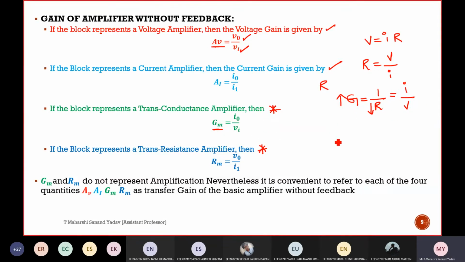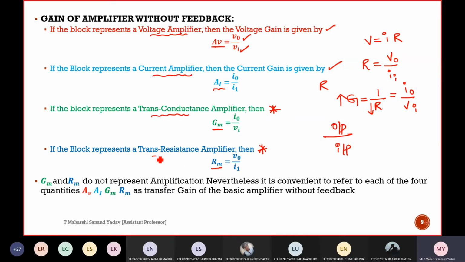So here first parameter is always output. See the output. This will be input. So that's here I output, Vi input. Suppose if I want to write for R, so this is output, this is input. Clear with this? So here AV is called as voltage amplifier, AI is called as current amplifier. If it is GM, it is called as trans conductance.